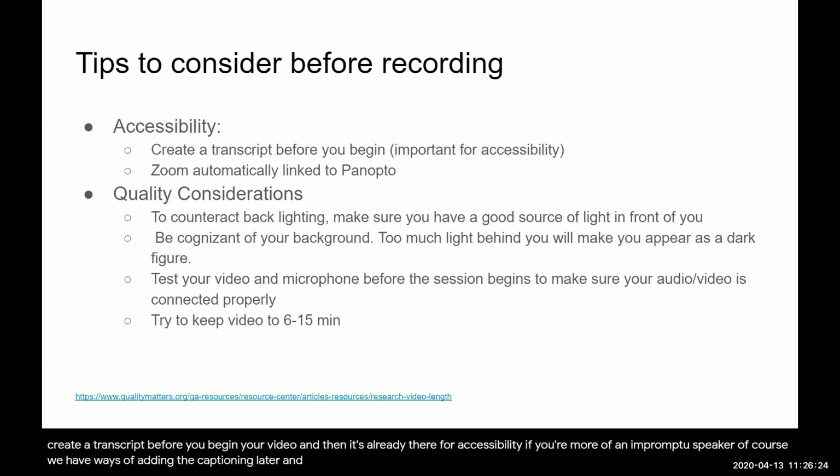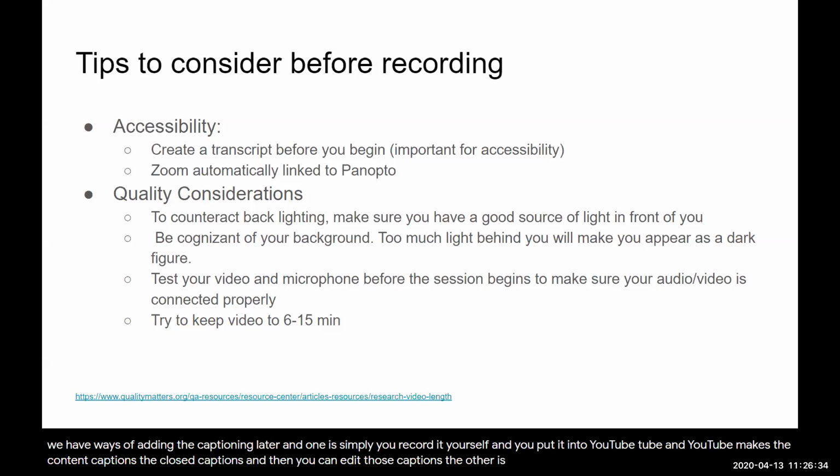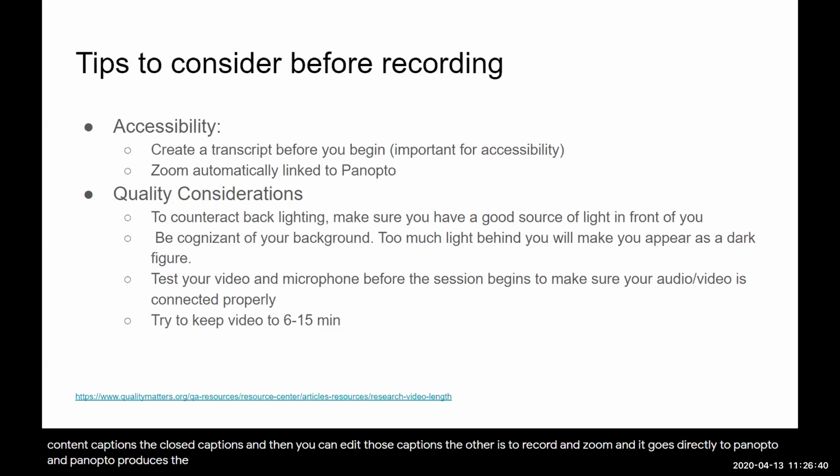One is simply you record it yourself and you put it into YouTube, and YouTube makes the closed captions, and then you can edit those captions. The other is to record in Zoom, and it goes directly to Panopto, and Panopto produces the captions, and there's probably about a 24-hour turnaround.